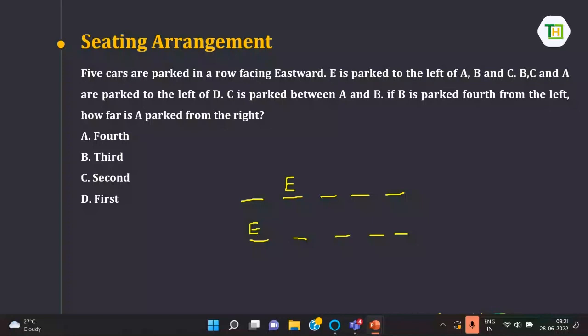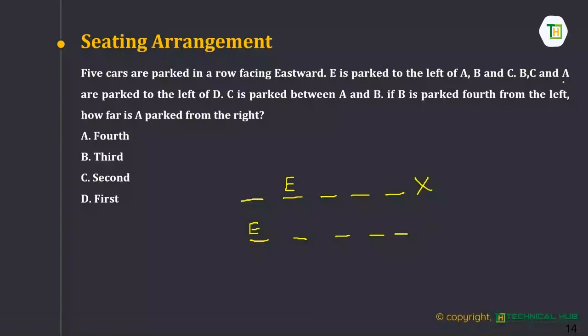Means B, C, A are parked to the left of D. So B, C, A position is here. Left of D means this position is not taken. So BCA positions are not given. So left of D means this is the left of D. So D position is here.